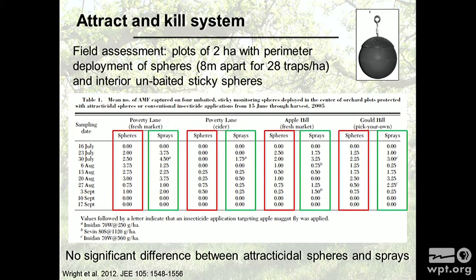And they went to that, but they never sprayed. The growers never sprayed in the treatment where they had the spheres. They let it go. And they reached the same number of times above that threshold with an insecticidal spray on the entire plot as they did with that perimeter treatment on the outside with no insecticidal spray.